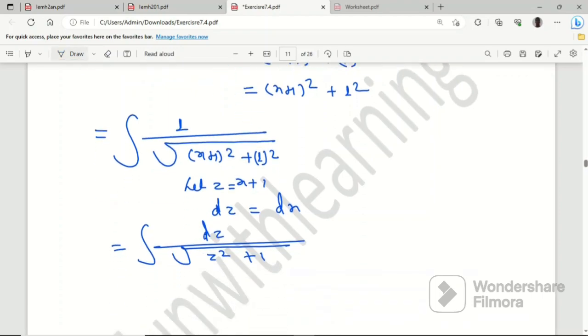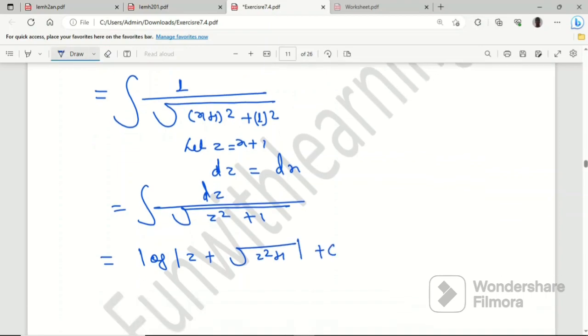So I can directly write log z plus under root z square plus 1. This should be our answer. But I need to write it in terms of x. So it will give me log x plus 1 plus under root x plus 1 whole square plus 1, plus c as our answer.